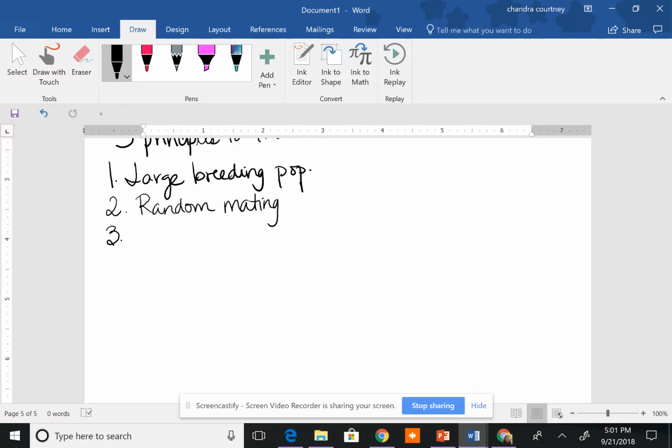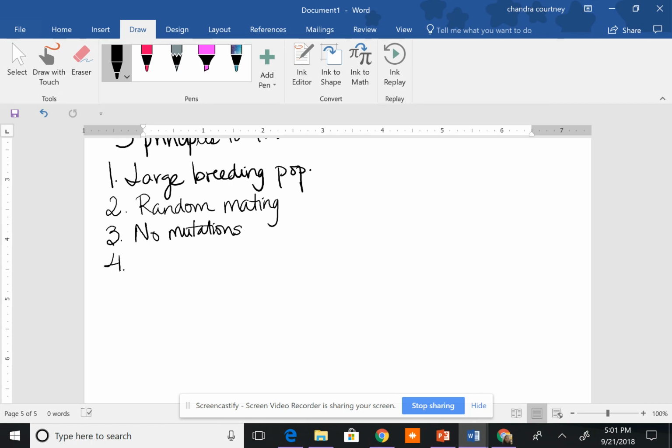Third, we have no mutations, because mutations create differences or changes or variation. And variation means that my frequencies are going to change. My phenotypes are going to change.